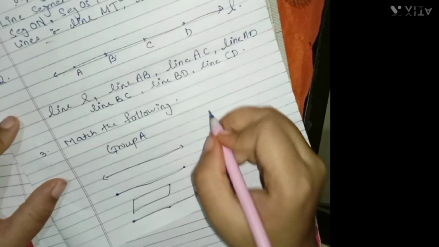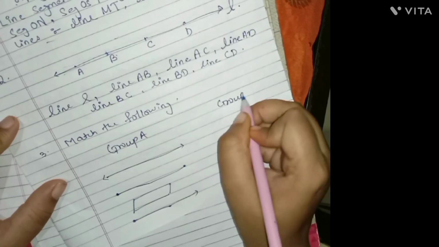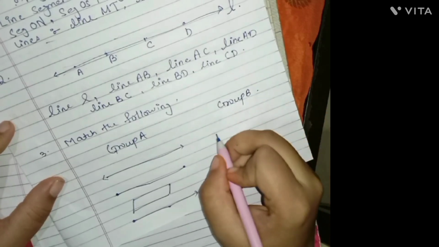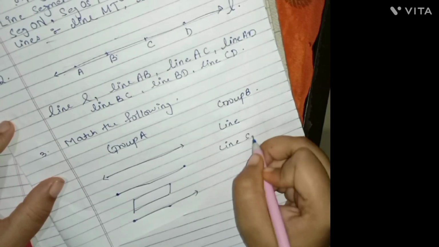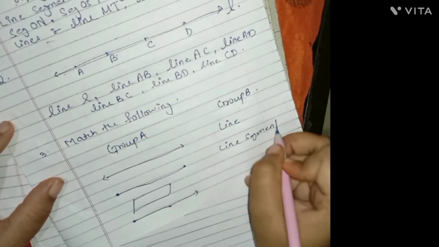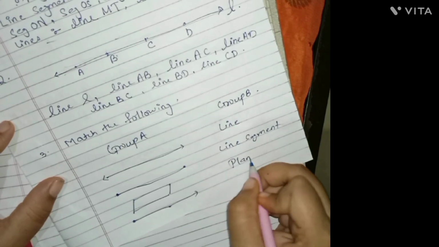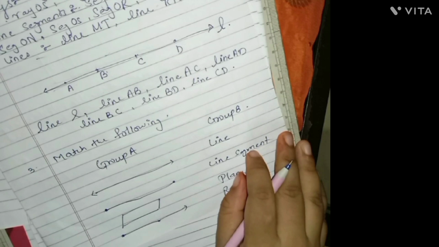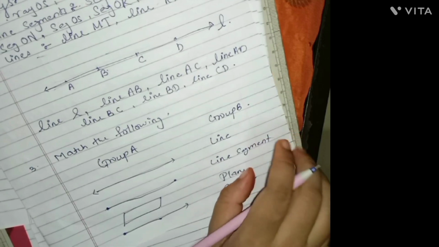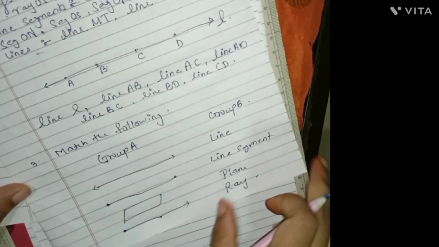Understood? So we just have to match. First one is line, second one is line segment, third one is plane, and fourth one is ray. Understood, all of you? I hope you understand very well. So here your question number 3 is completed.